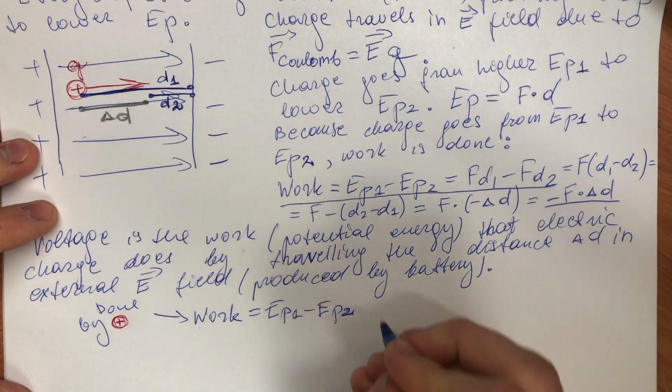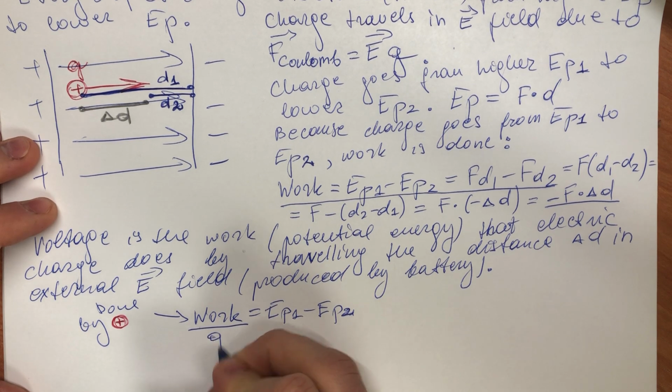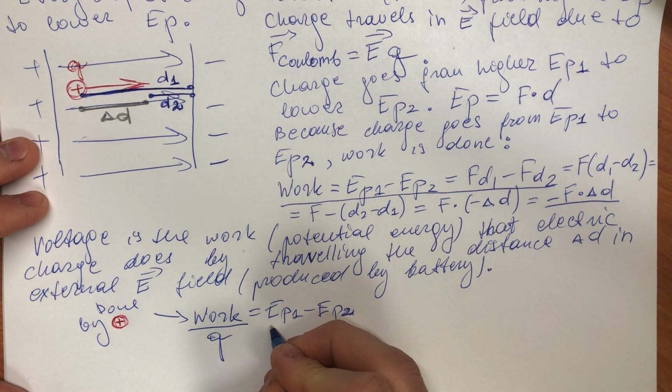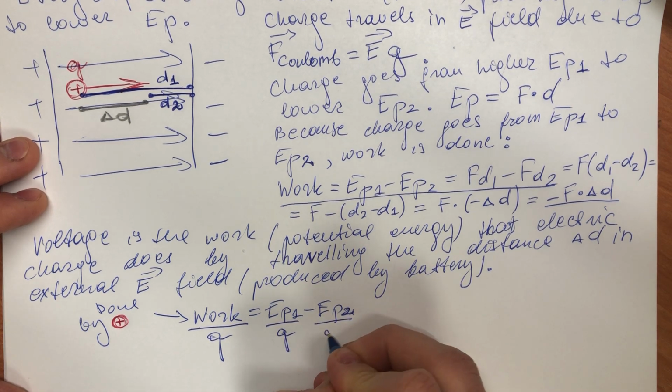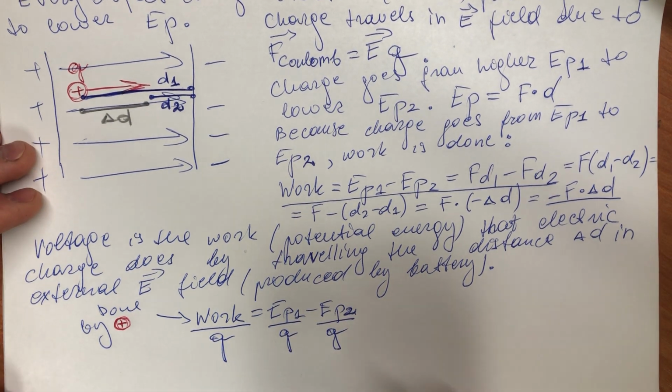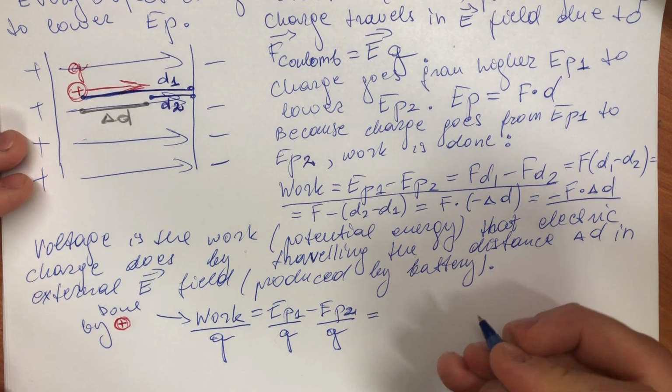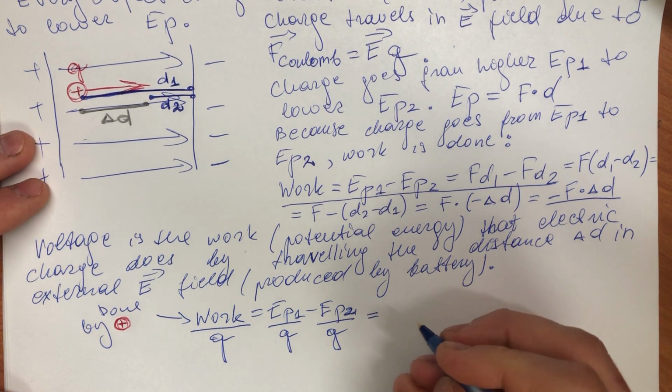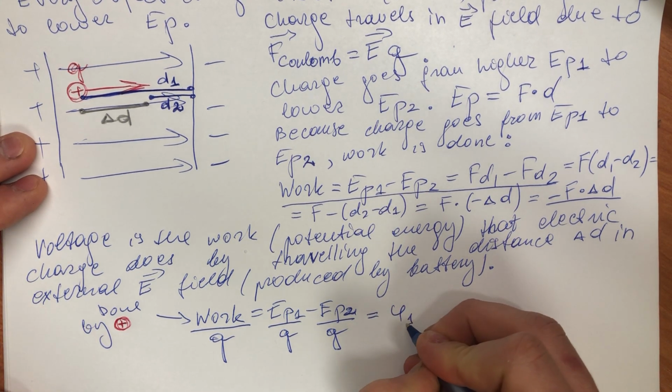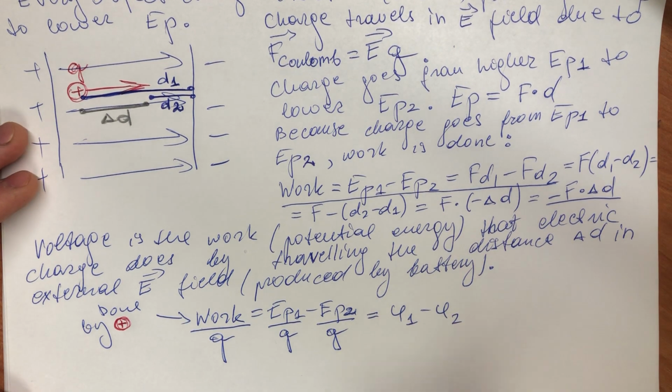So let's divide this work by Q, and let's divide also this part by Q, and we can write that it would be phi 1, phi 2.